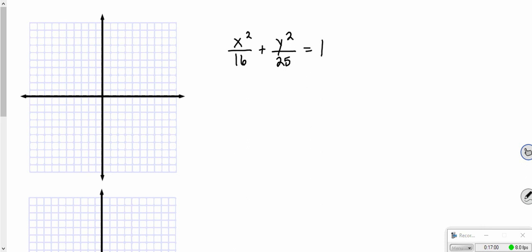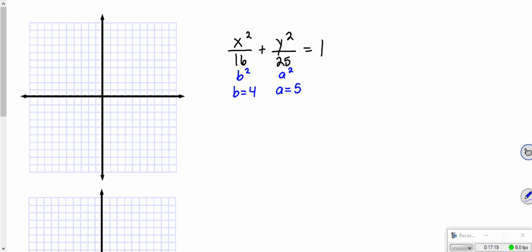First, I need to label my parts. 25 is bigger than 16, so this has to be my a squared and this has to be my b squared. So a is 5 and b is 4.